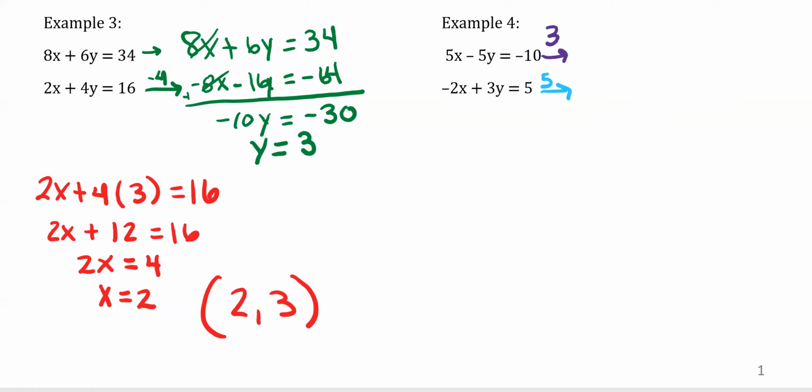Because I will have a negative 15y and a positive 15y, so that when I add the two equations, I can eliminate y. So I have to take 3 times 5x and 3 times negative 5. And 3 times negative 10. And then in the second equation, I'm going to multiply each term by 5.